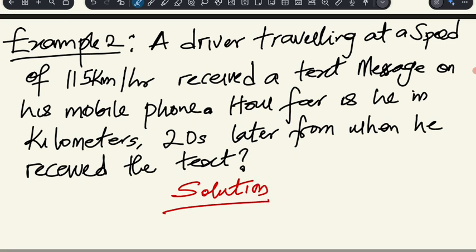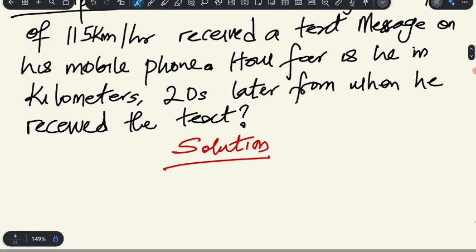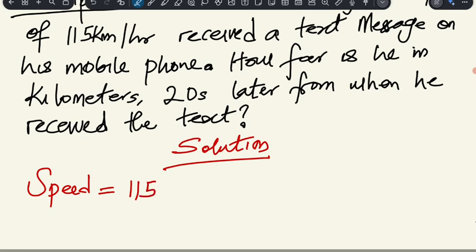Now, we have to write out the given values. From the question given to us, we were given speed. Our speed is 115 km per hour. And we are given time. Our time is 20 seconds.